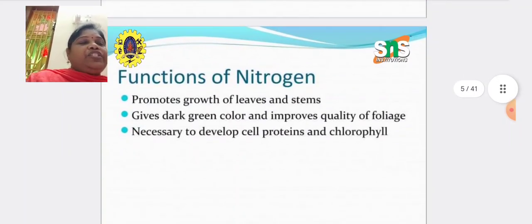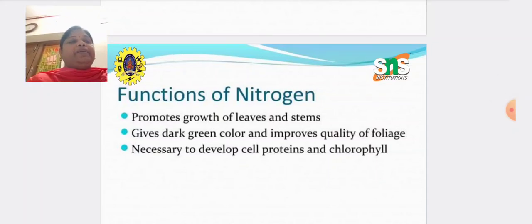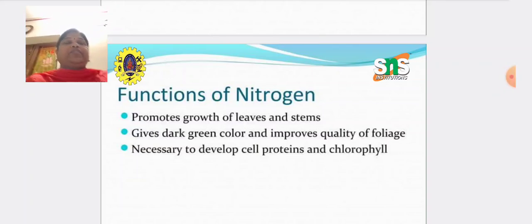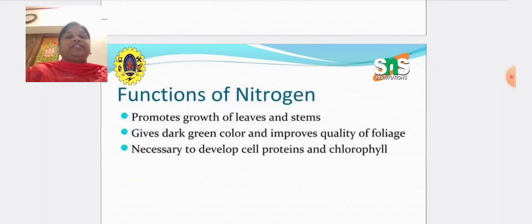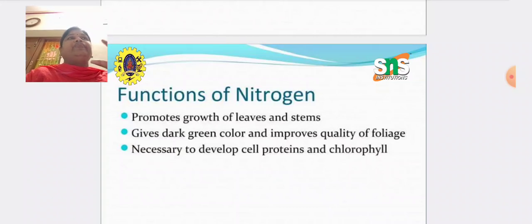First, the functions of nitrogen, a primary nutrient. It promotes growth of leaves and stems, mainly leaves and stems development. Nitrogen is very important. It gives dark color and improves the quality of foliage. It is necessary to develop cell protein and chlorophyll.